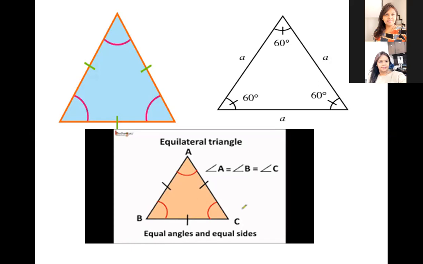So 60 degrees is the angle for all equilateral triangles. So these are the definitions. Equilateral triangles mean all sides are equal and each angle is 60 degrees. So let's move on. This is the equilateral triangle.